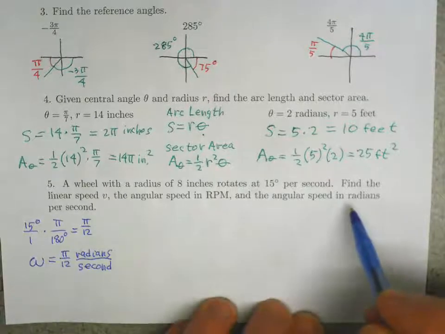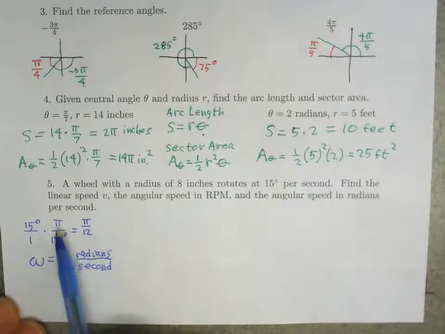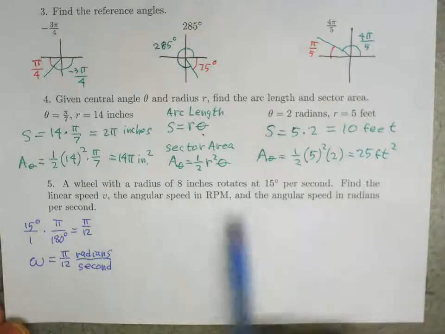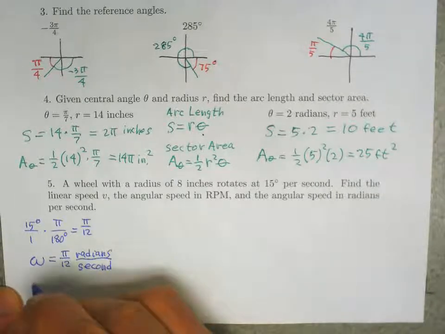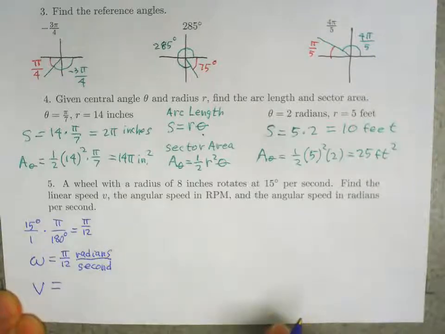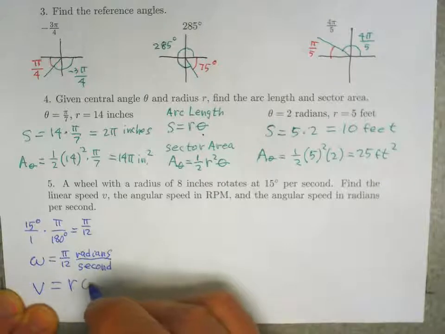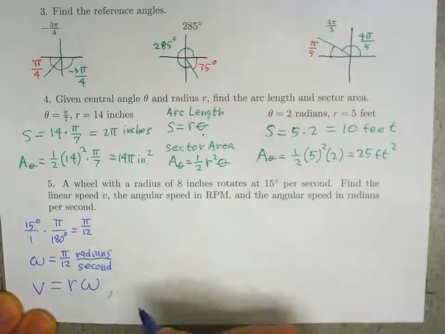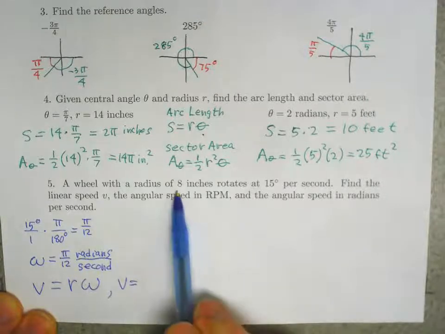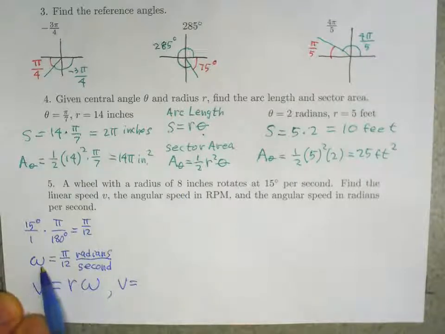That's the third part. I think the next thing that's easiest to do is to find the linear speed v. If you remember, the linear speed v is just the radius multiplied by the angular speed. And we know what the radius is, and we now know what the angular speed is in radians per second.